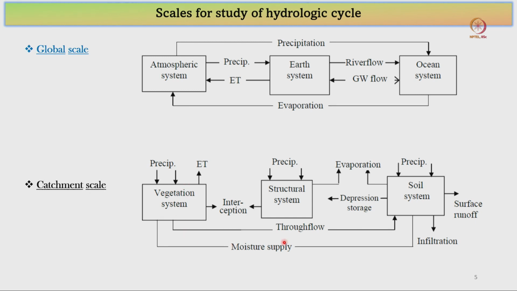Then there is throughflow in the vegetation system. What is throughflow? Precipitation is happening, and it is not getting intercepted by the leaves; whatever water is falling through the leaves and getting into the soil, that is called throughflow. So, through flow it is entering the soil system.